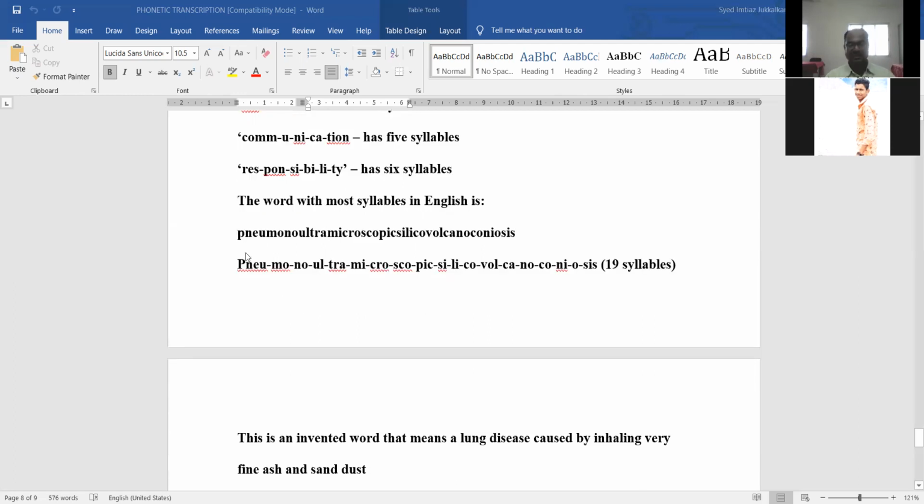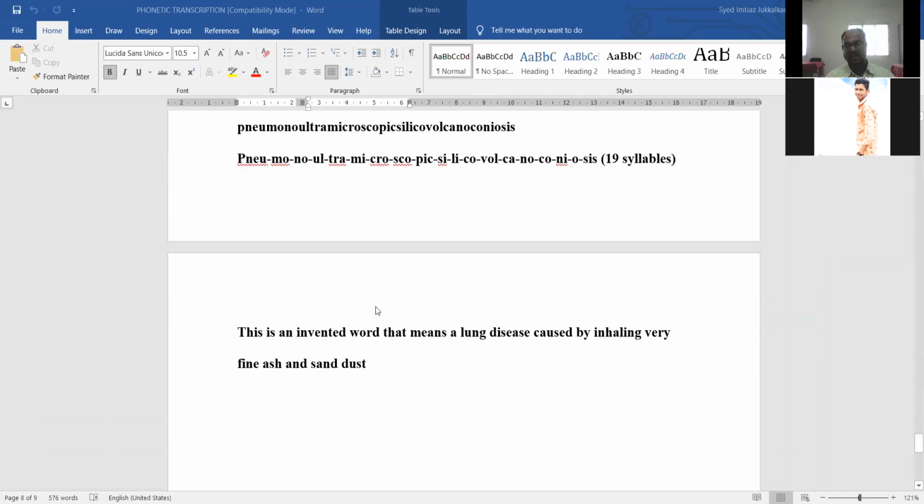Here is an example. It is a very difficult word actually. This word has been formed. This is the longest word. Pneumonicopicsylcovicalvonicosis. 19 syllables are there. See here, 1, 2, 3, 4, 5, 6, 7, 8, 9, 10, 11, 12, 13, 14, 15, 16, 17, 18, and 19.